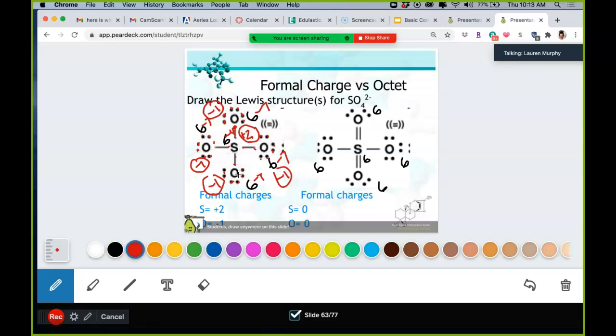Now remember, the formal charge should add up to the overall charge. So -1, -2, -3, -4, and -4 plus 2 is -2. So it should still all add up to -2. If we're not doing this for an ion and it's just a neutral molecule, it should all add up to 0 because it doesn't have charge.